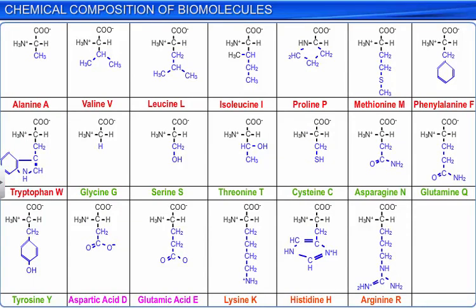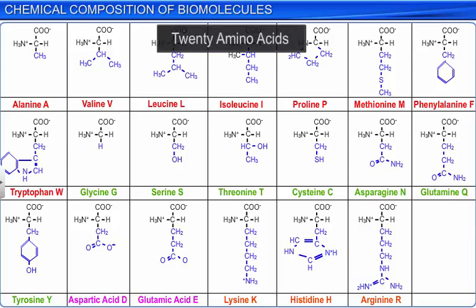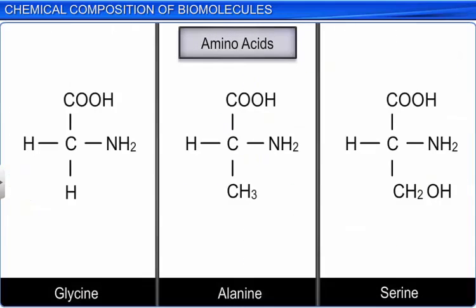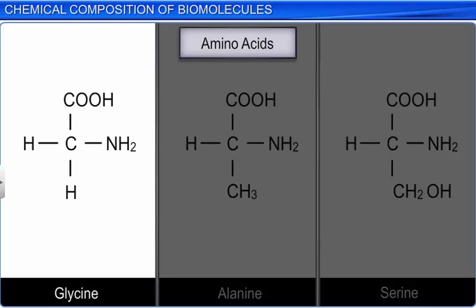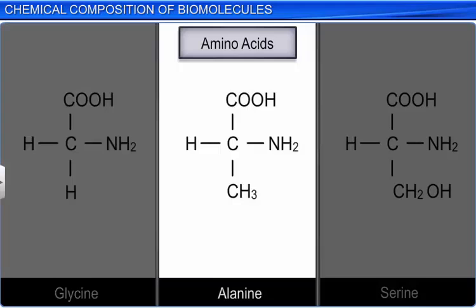However, there are 20 standard amino acids in proteins. For example, glycine, in which the R group is hydrogen, alanine, where the R group is a methyl group, and serine, where the R group is a hydroxymethyl group.